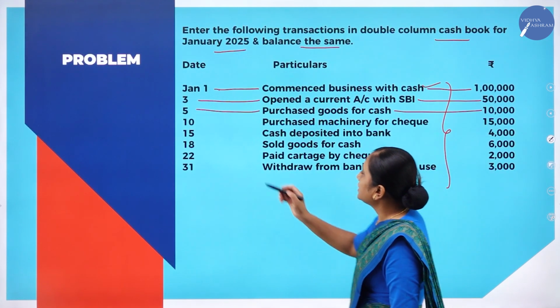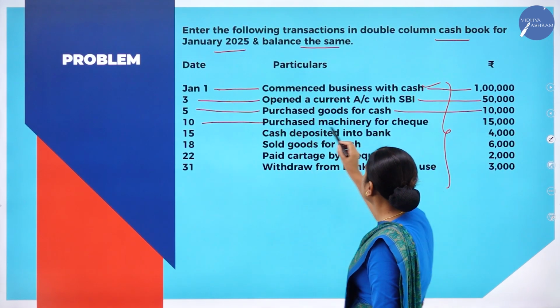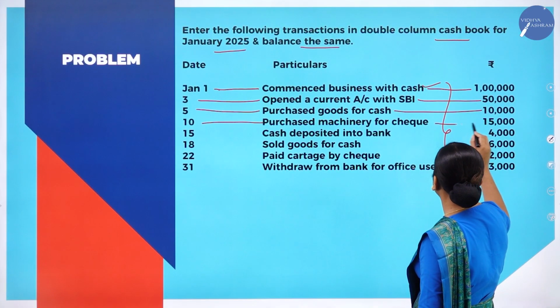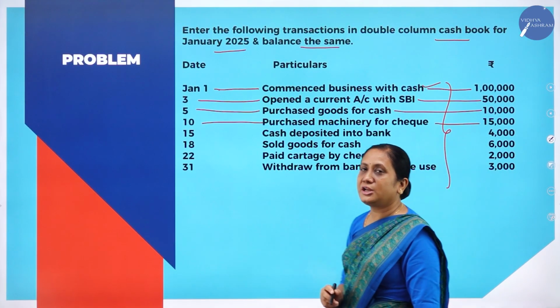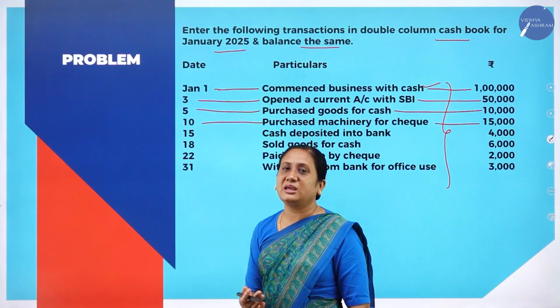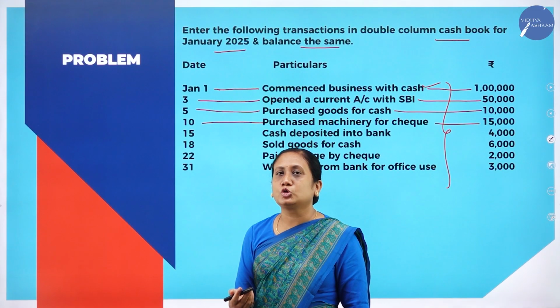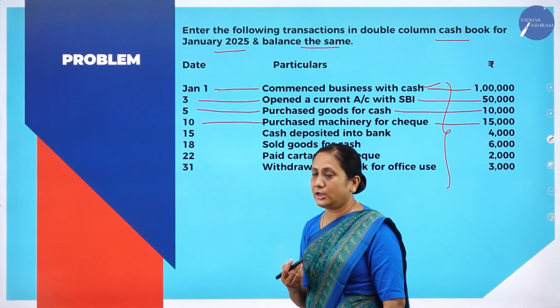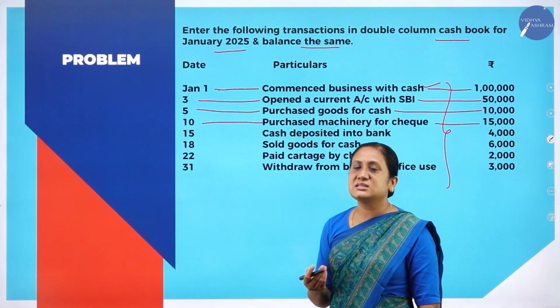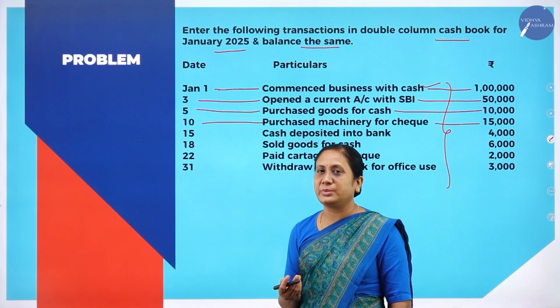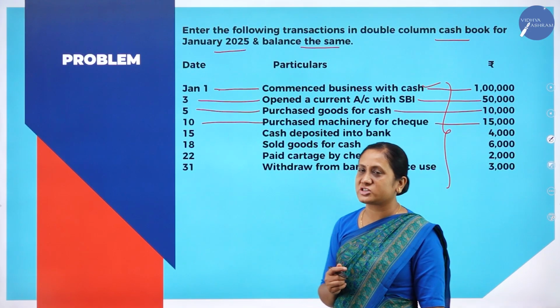Next. 10, purchased machinery for check. That means the business is buying machinery. To buy the machinery, they are paying through check. As I told you earlier, when the business is making payment through check, it has to be entered in the bank column instead of cash. Correct.